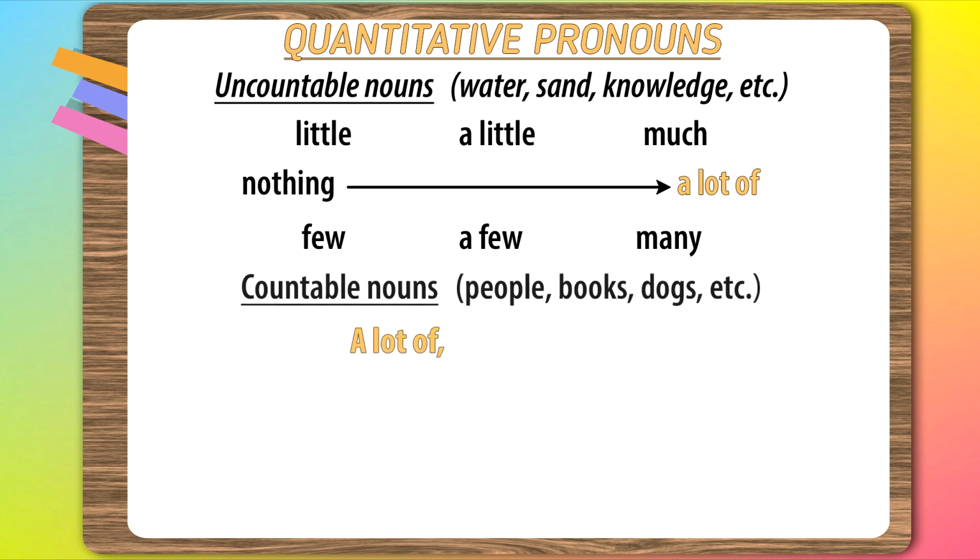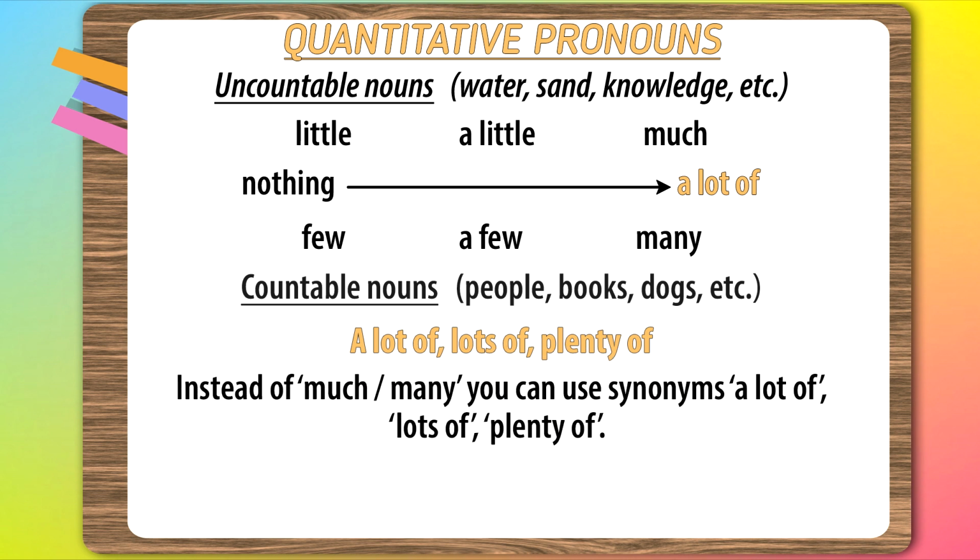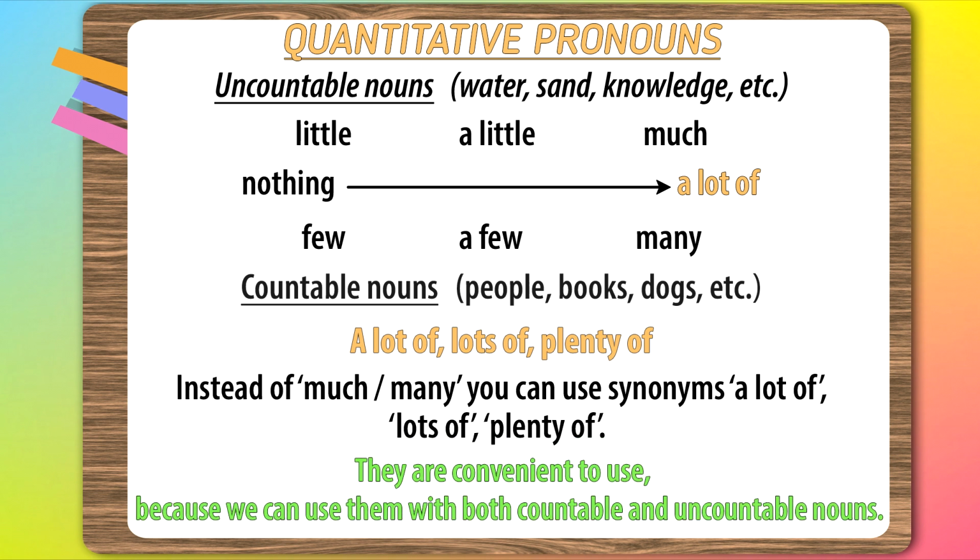A lot of, lots of, plenty of. Instead of much or many, you can use synonyms a lot of, lots of, or plenty of. These words also mean a lot. They are convenient to use because we can use them with both countable and uncountable nouns, but the shades of meaning are slightly different.